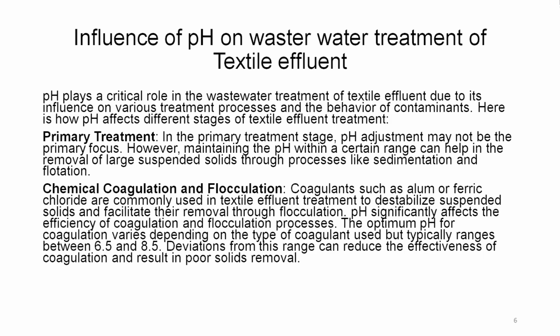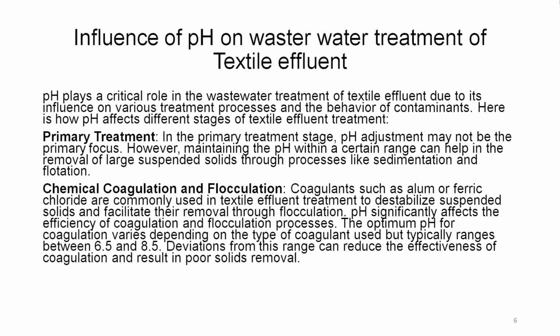Primary treatment. In the primary treatment stage, pH adjustment may not be the primary focus. However, maintaining the pH within a certain range can help in the removal of large suspended solids through processes like sedimentation and flotation.